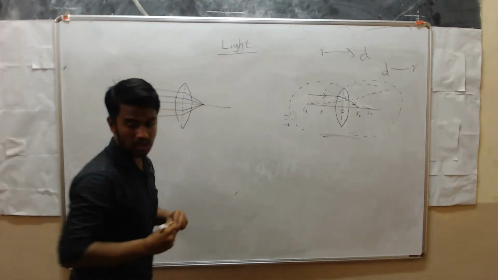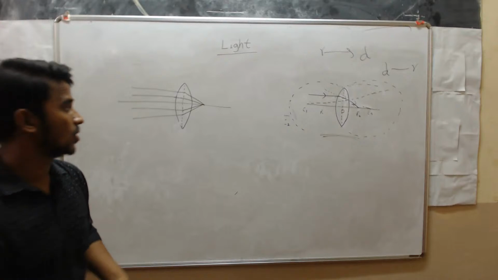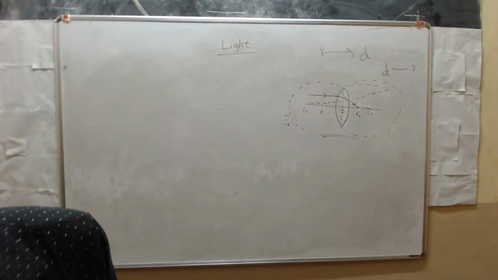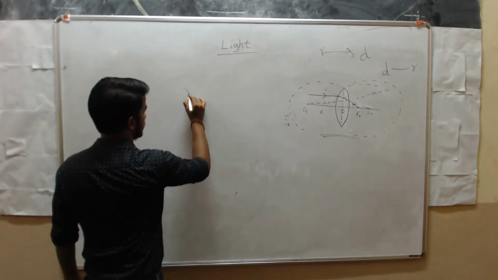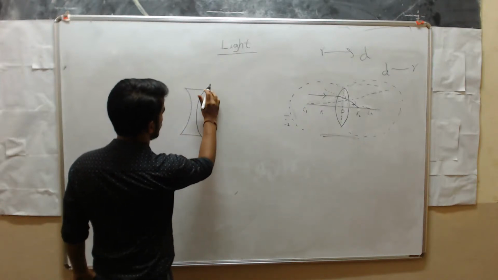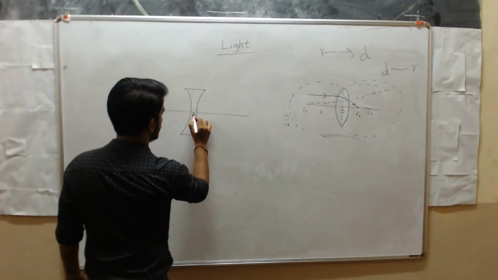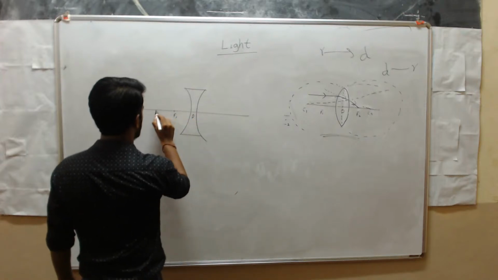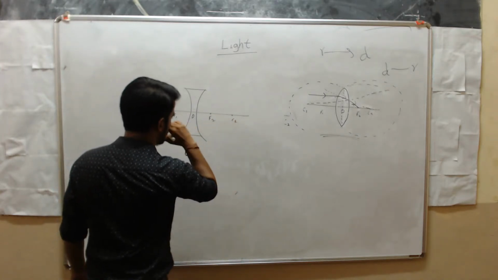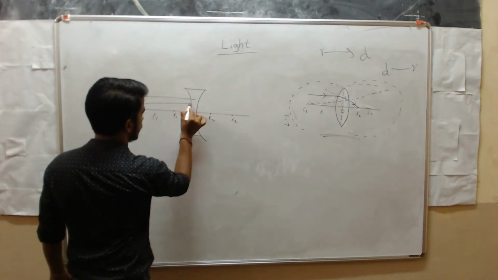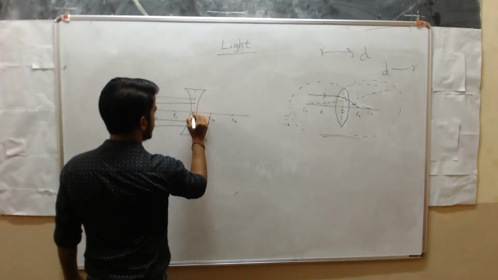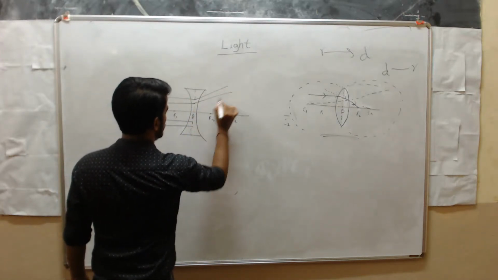Suppose you pass rays of light to a concave lens. Suppose you pass rays of light to a concave lens, now here the rays of light diverge like this.